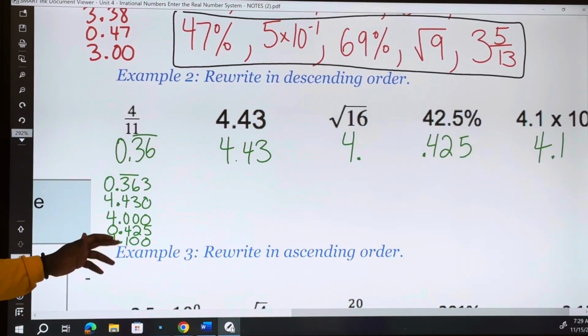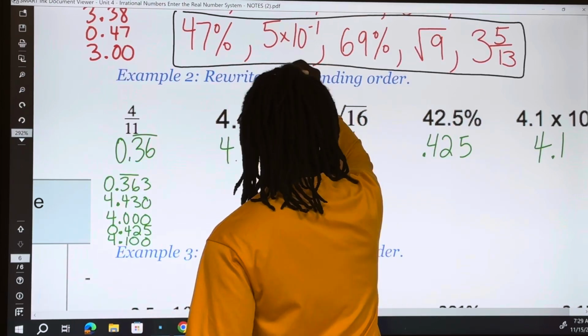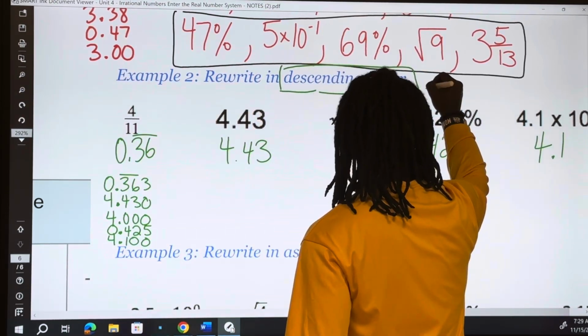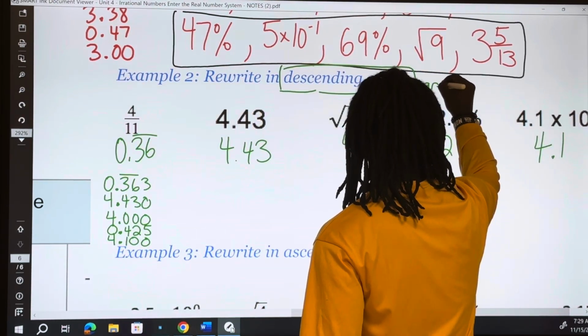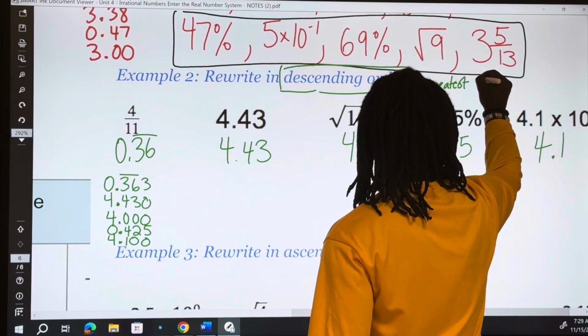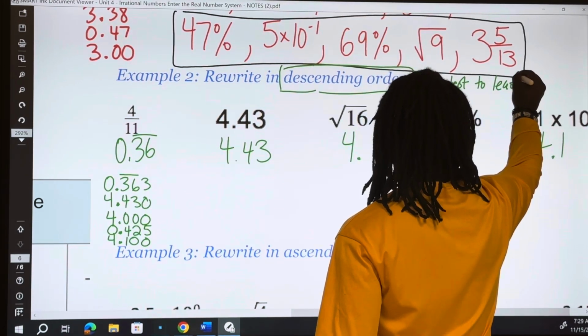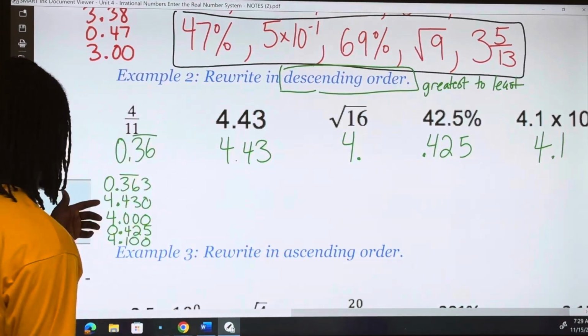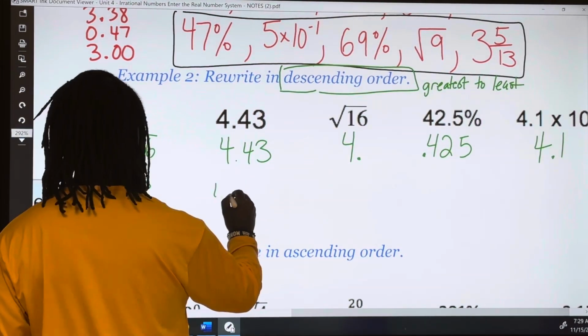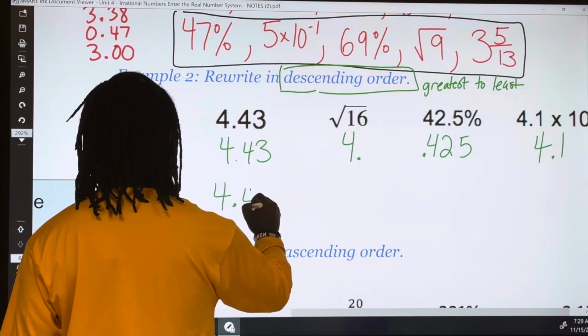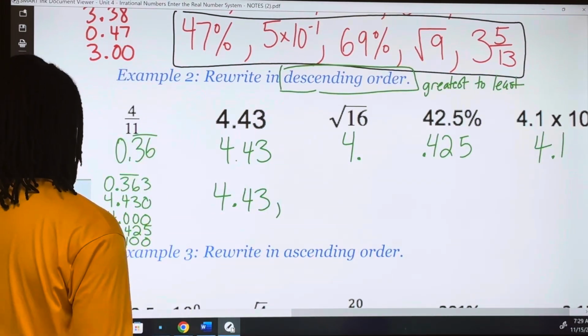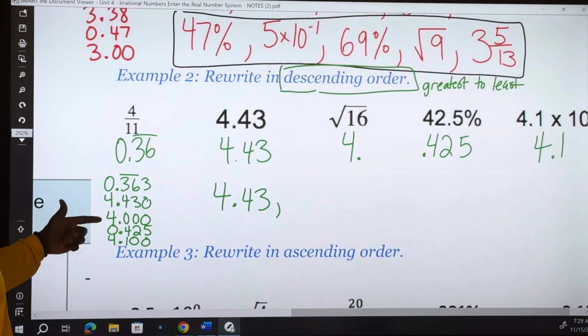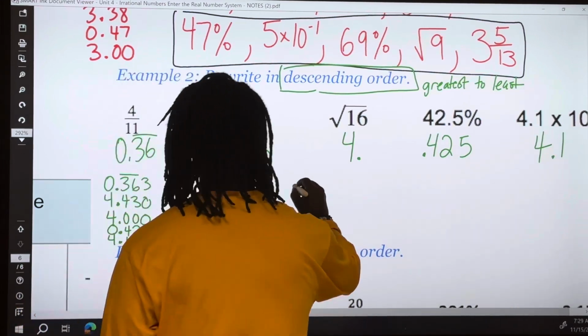And then I'm going to put them in descending order, right? Descending order is from greatest to least. Okay, so biggest one, okay. Again, this should be pretty easy once you have them lined up and you can kind of see them. The next biggest one would be 4.1.